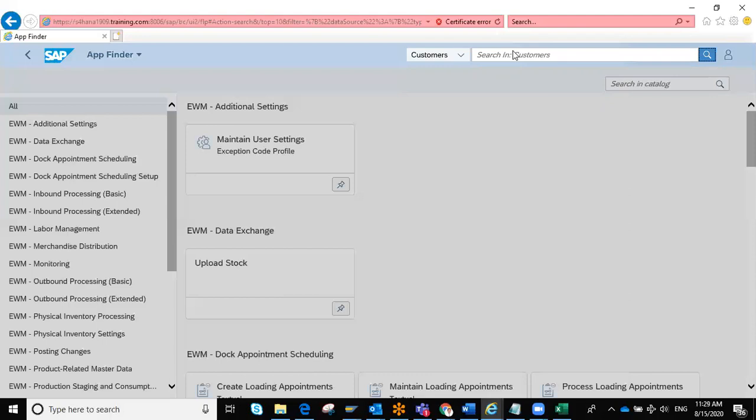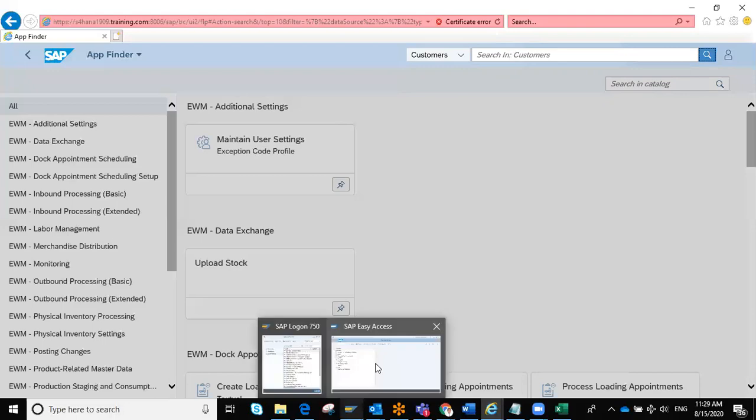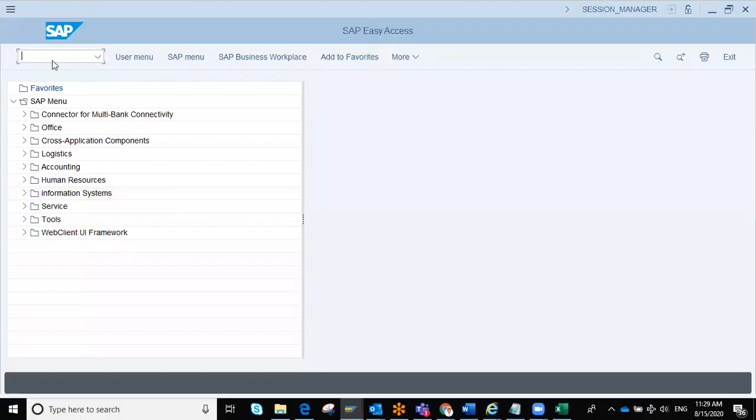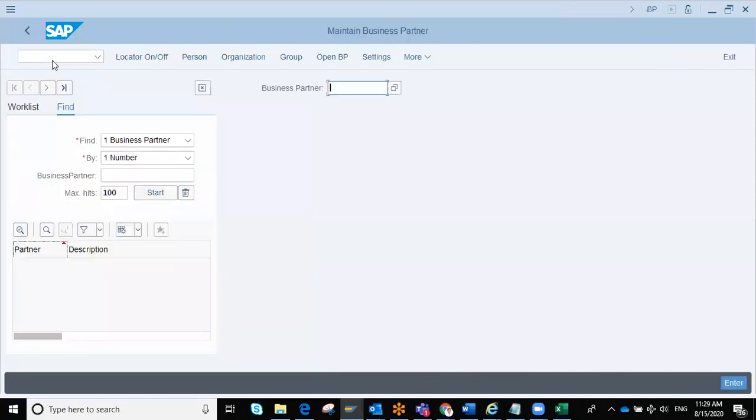All the obsolete transaction codes, old transaction codes, are replaced by a single transaction code called BP. So business partner is the single source of truth for all the transaction codes in S/4HANA. So we can write BP here to realize what are the specific transaction code.